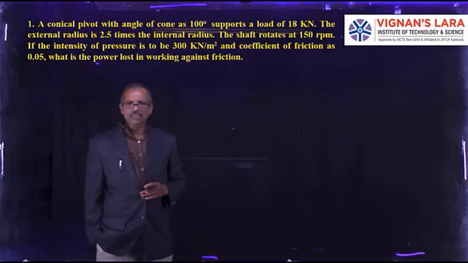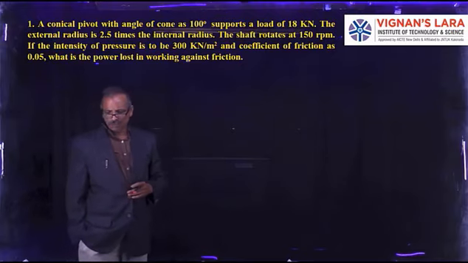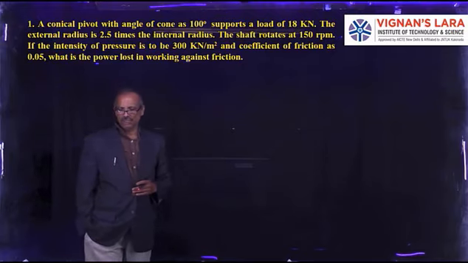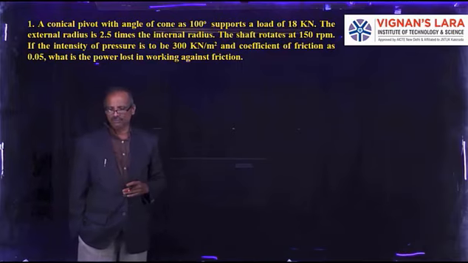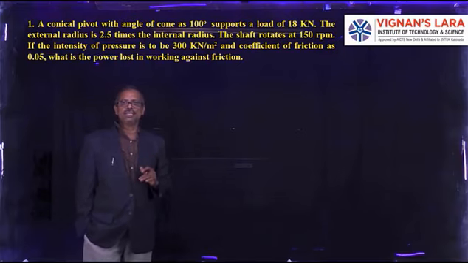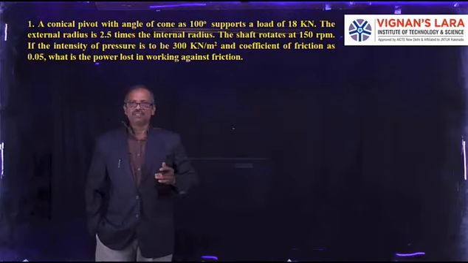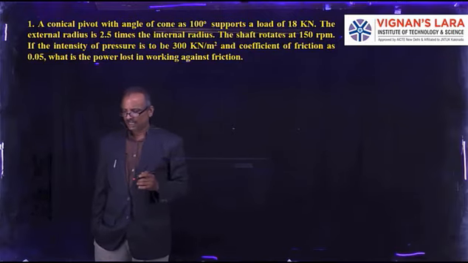If the intensity of the pressure is to be 300 kilonewtons per meter square and the coefficient of friction is 0.05, what is the power lost in working against friction? So this is the problem. It is a problem associated with the conical pivot with a cone angle of 100 degrees.